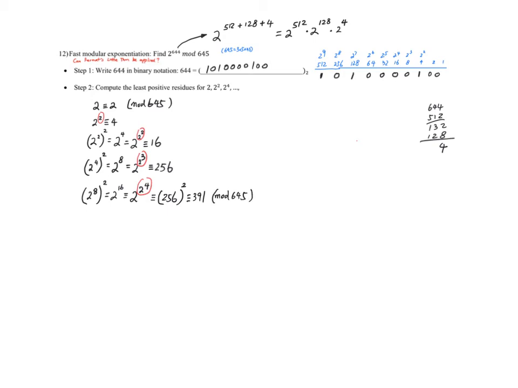And you continue. This is power 16. You have to do that for a while until you have power 512. So the next one is 2 to the 16 squared, which will be 2 to the power 32, right? And 2 to the power 32 is the same as 2 to the 5th.